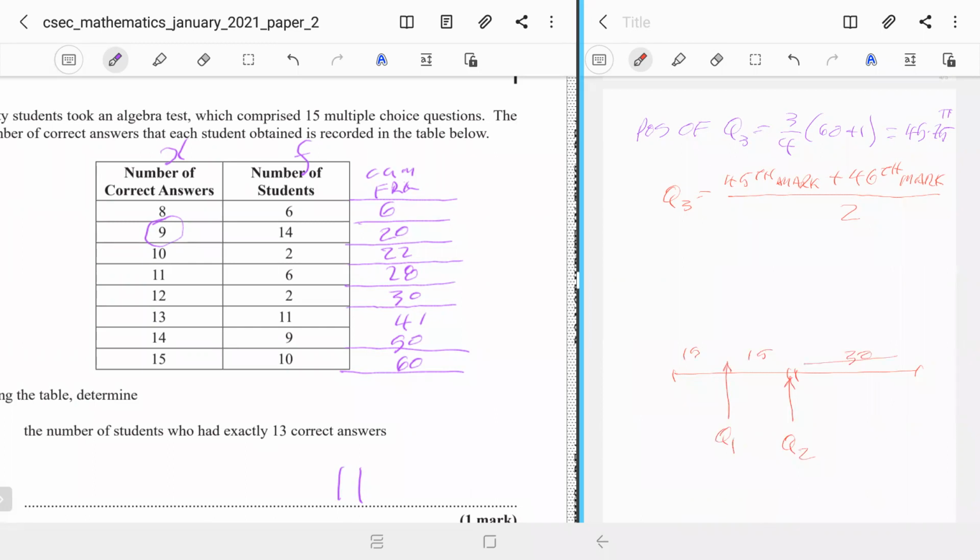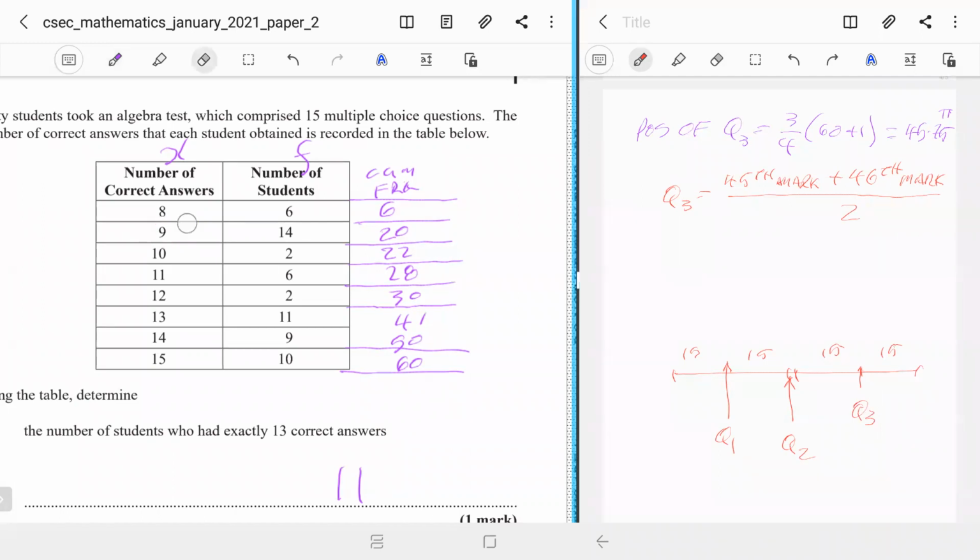Then up here, you divide it 15 and 15 again. So you see the 45 up here and the 46 on the other half. These will make it 45: 15, 15, 15, 3 times 15. So Q3 is the average of the 45th and the 46th student.